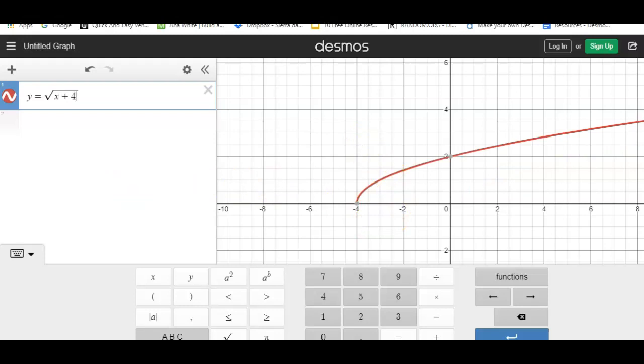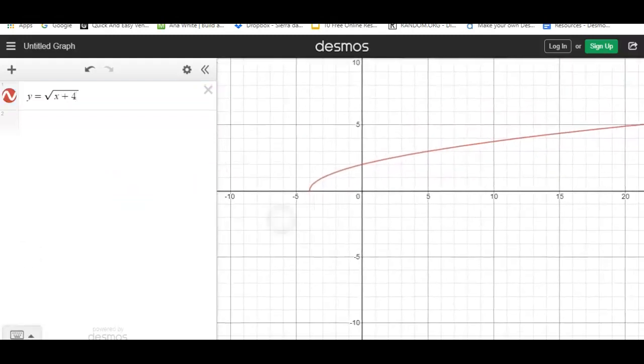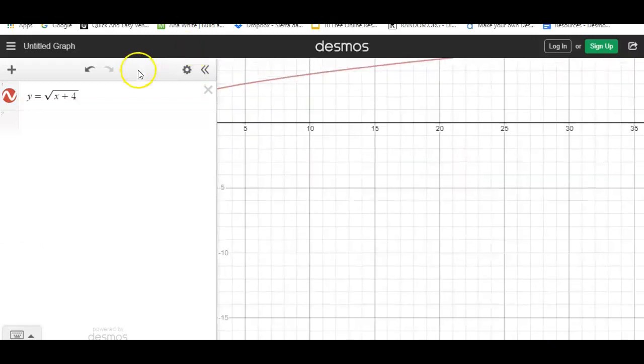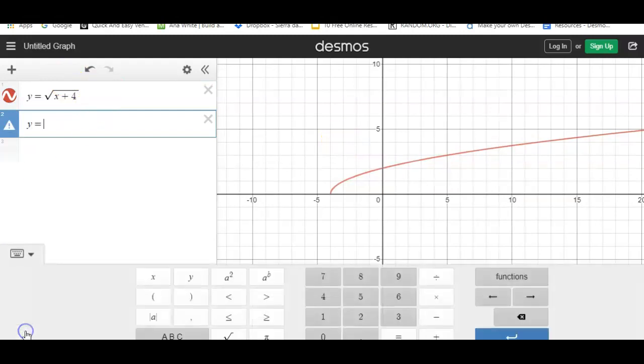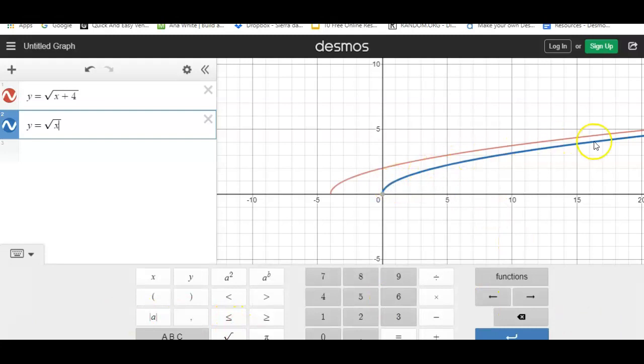If you look at the graph here, you can see that compared to the parent function, in fact, let me put the parent function in blue here, y equals the square root of x. The blue one is my parent function. I've basically taken this blue function and just dragged it to the left 1, 2, 3, 4 places.